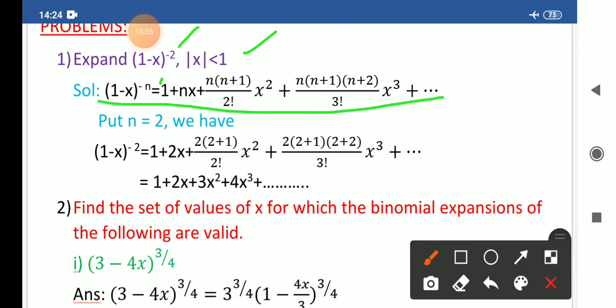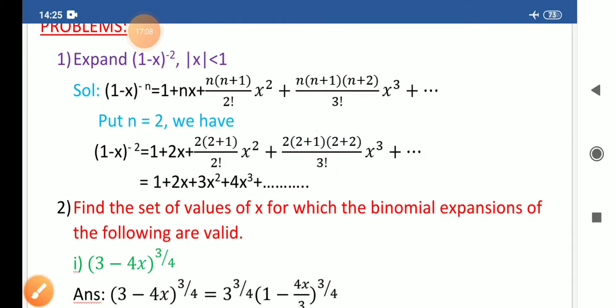We have 1 plus 2x plus 2 into 2 plus 1 by 2 factorial into x square plus 2 into 2 plus 2 by 3 factorial into x cube plus so on. That is 1 plus 2x. 2 factorial means 1 into 2, 2, 2 cancel, 2 plus 1 is 3, 3x square. 3 factorial is 1, 2, 3. 2, 2 cancel, 3, 3 cancel, 2 plus 2 is 4, 4x cube, like that. This is a 2 marks question in our model paper and in our textbook.